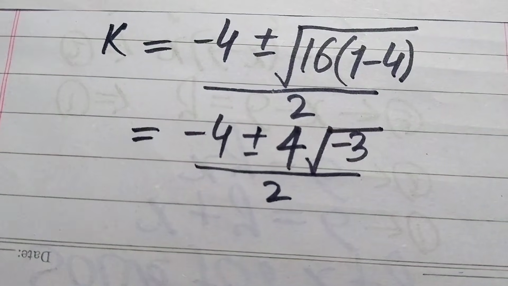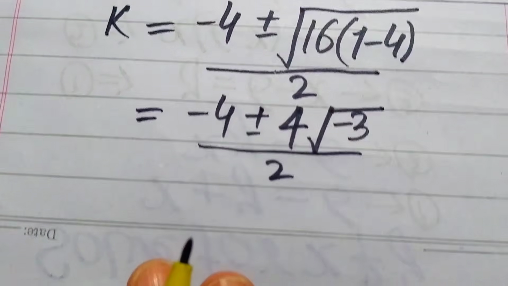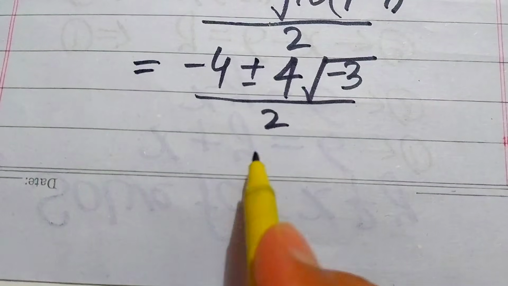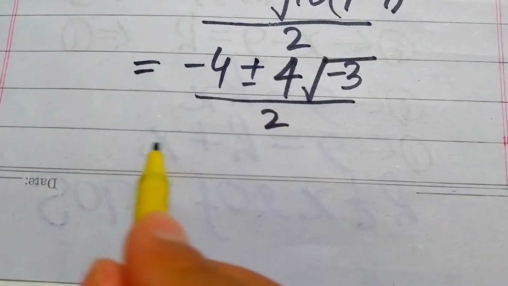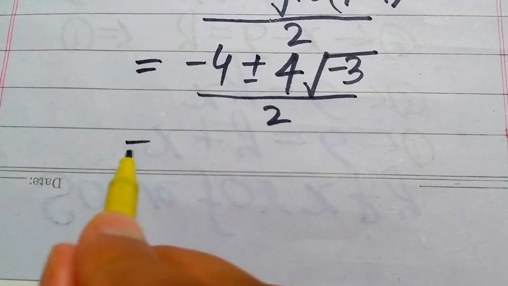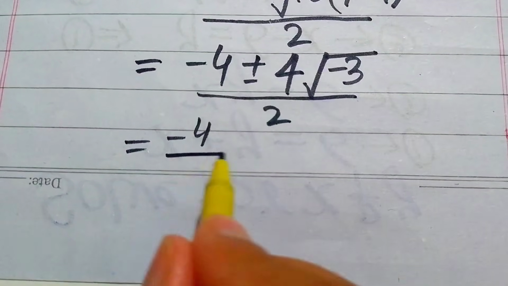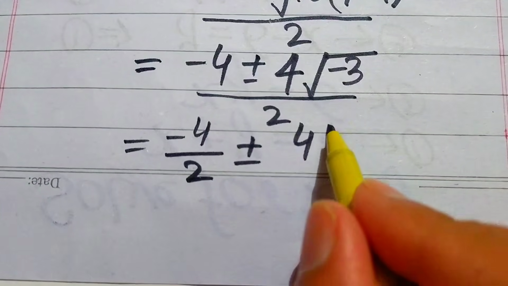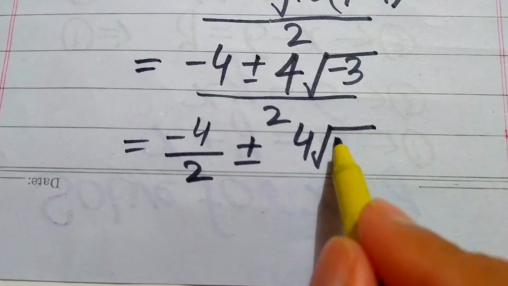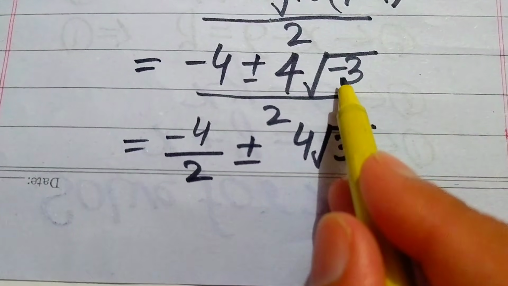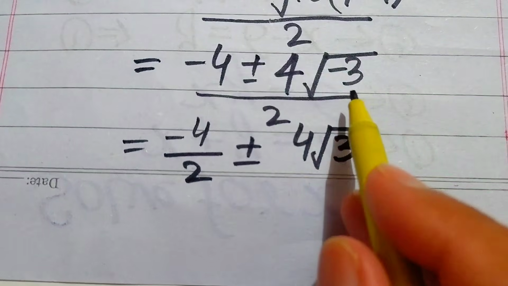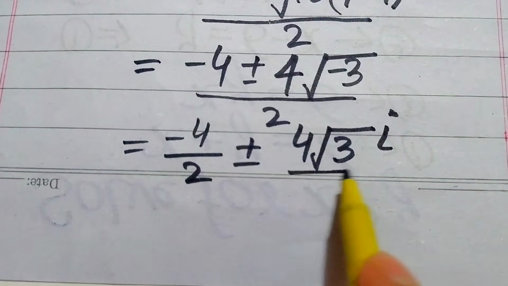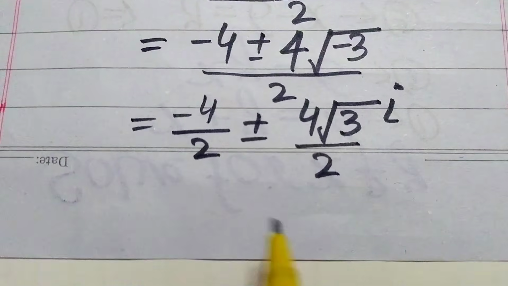Further we break this fraction and apply the division separately on both values, and this is written as minus 4 divided by 2 plus minus 4 times the square root of 3, and we know that when a negative sign appears inside the square root, this becomes iota, divided by 2.